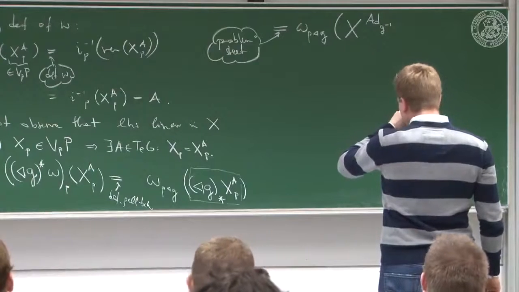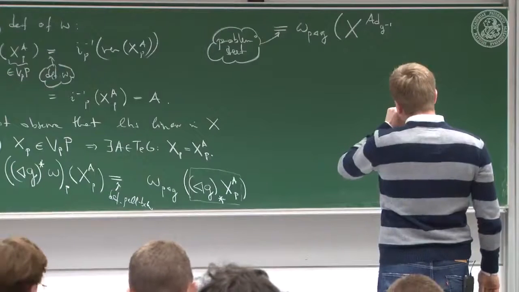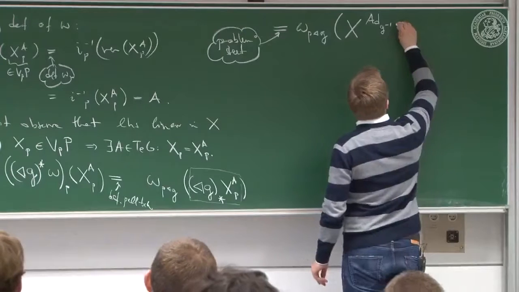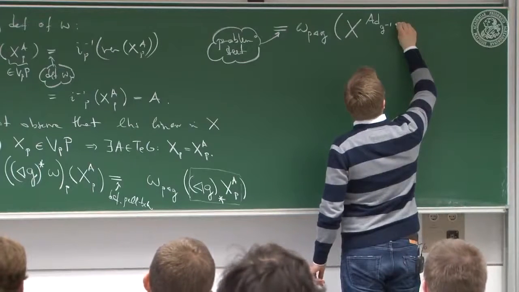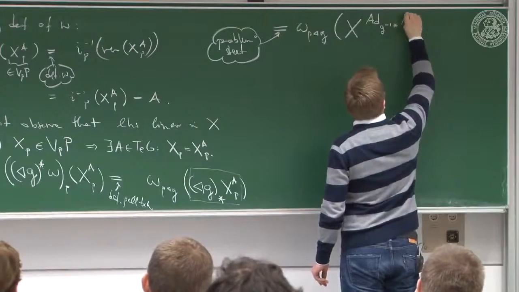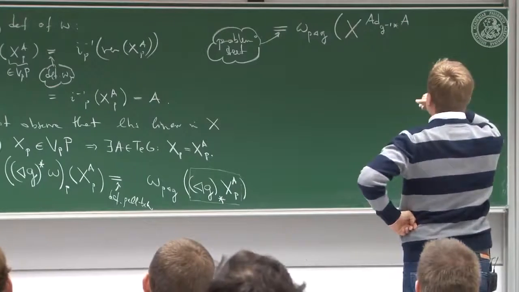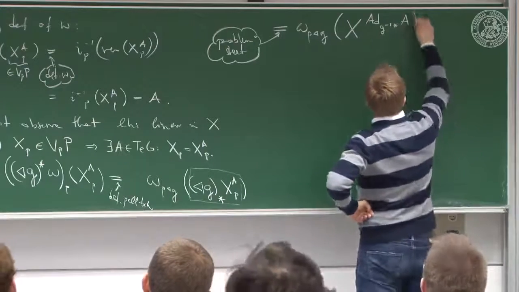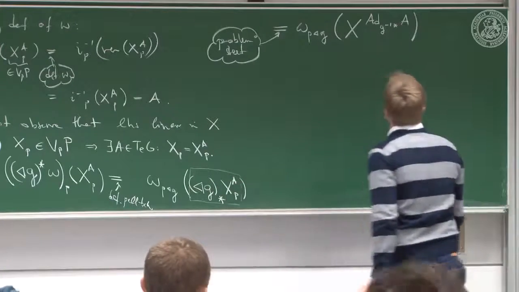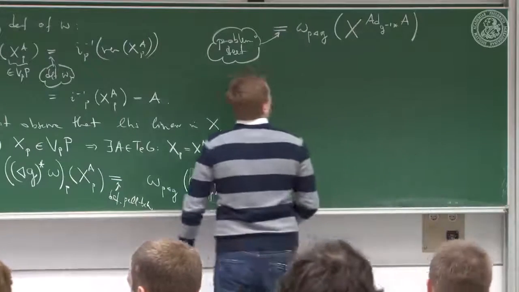It's generated by Ad G inverse acting on, we need a Lie group element, on A. Push forward on A. Yes, I think that's right. So that's on the problem sheet. It is imaginable that it looks like this, and in fact it is like this.